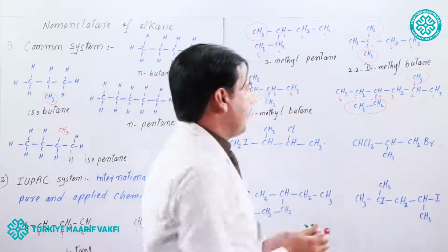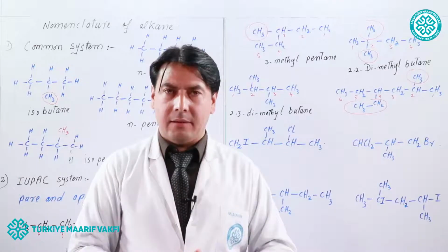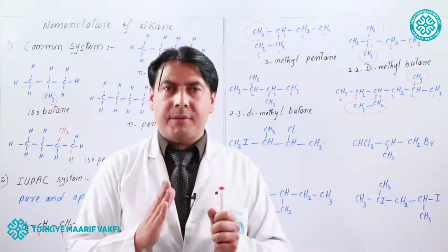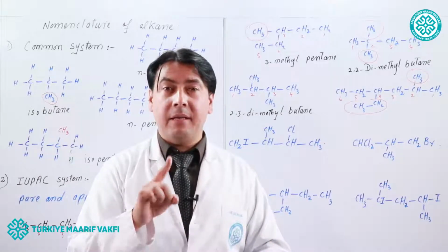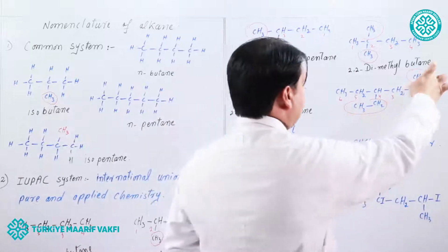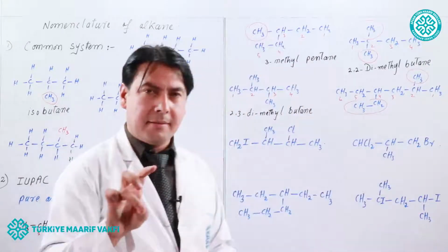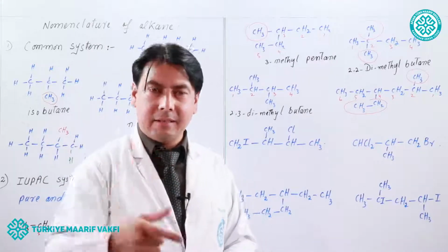There are two substituents. One is methyl, another is ethyl. So which substituent should be named first? They should be named on the basis of alphabetical order. One is ethyl, another is methyl. So E is first. First we give the name to the ethyl, later on to methyl.